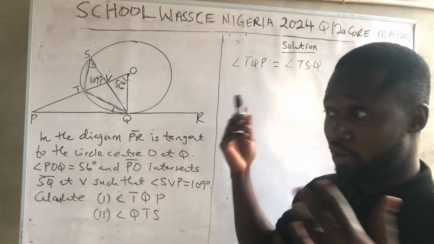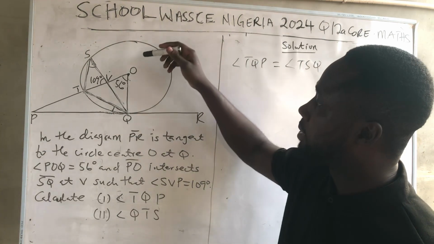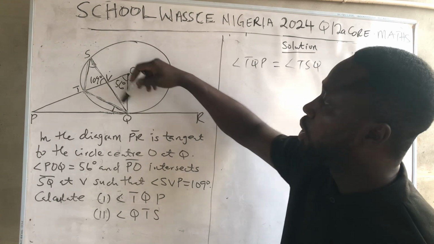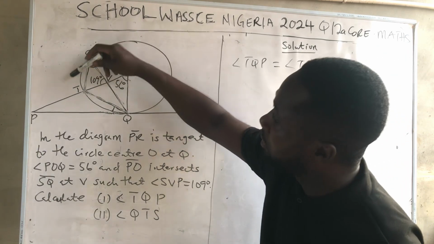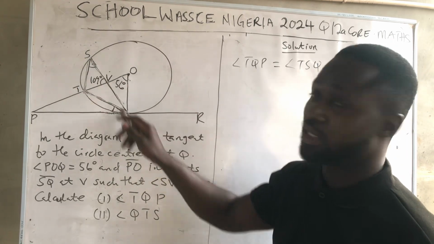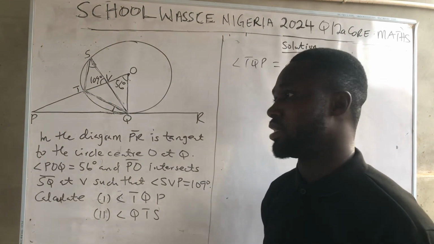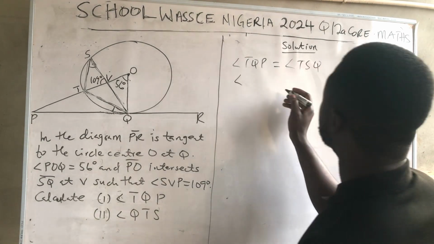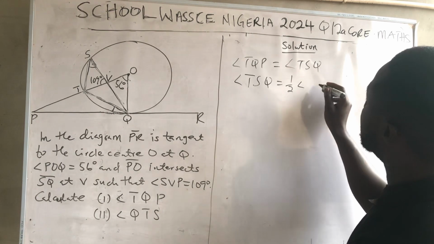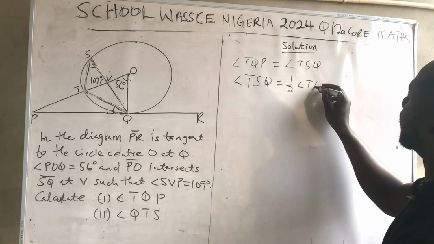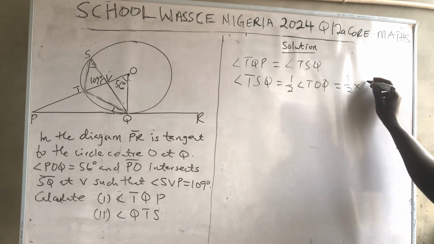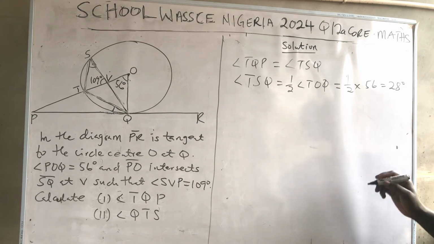Another theorem also says that the angle a chord subtends at the center of the circle, which is 56, is twice the angle the same chord subtends at the circumference of the circle, which is angle TSQ. So the 56 is twice of this. So we can say that angle TSQ is half of angle TOQ, which is half of 56, and that will give us 28 degrees.